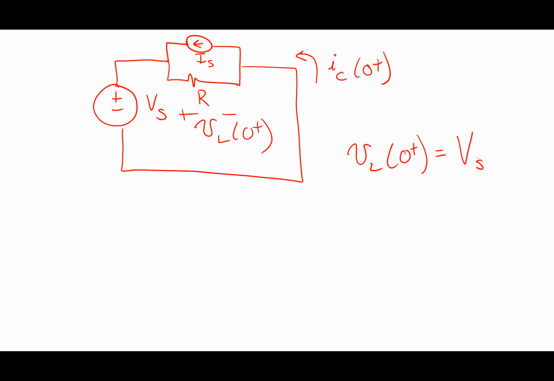They're in series with each other. But if I just did a KVL, KVL gives me 0 equals minus V sub S plus V sub L of 0 plus. So the voltage across the inductor is equal to whatever that voltage source is.